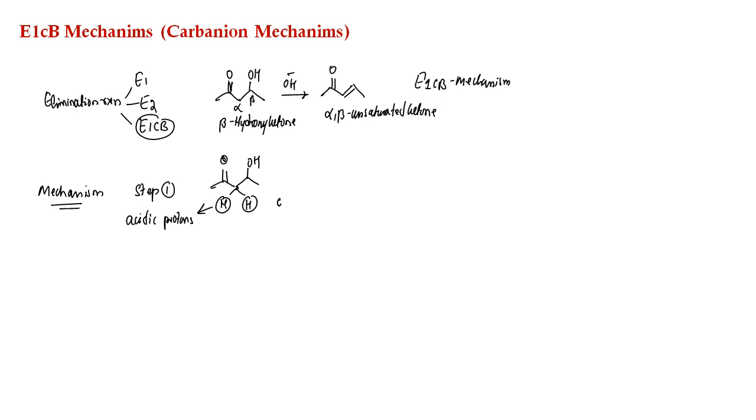When a base is used, it abstracts the alpha proton, giving a carbanion, which is a conjugate base of the starting material. So this is the first step, and this step is fast.